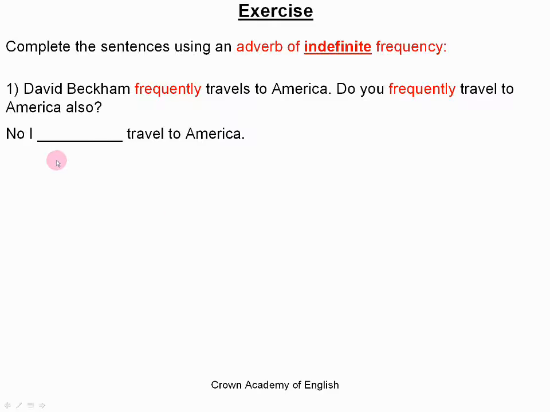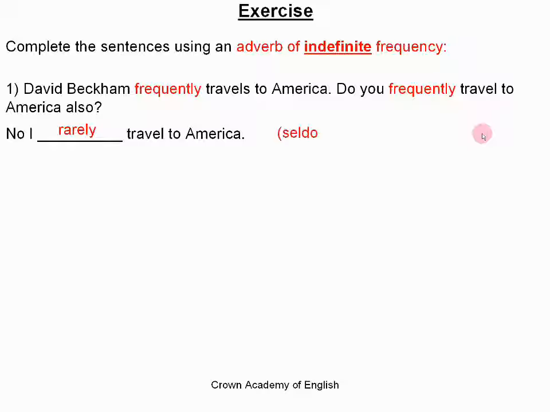And I want you to complete the sentence with an adverb of indefinite frequency. Well, the answer is no, I rarely travel to America.